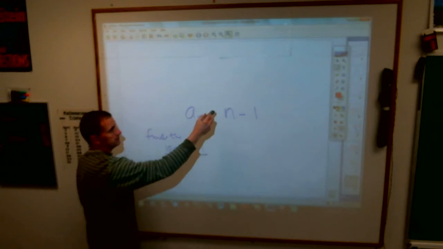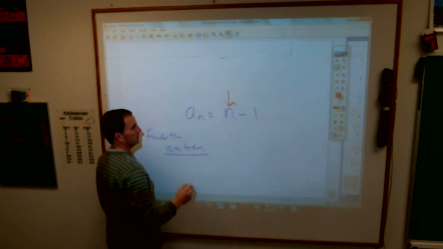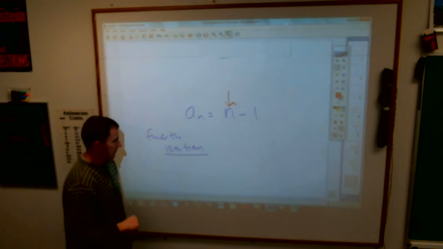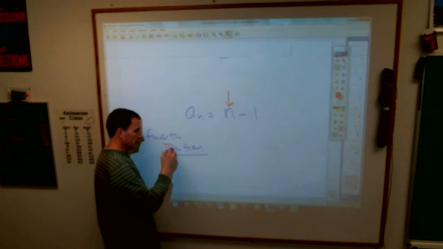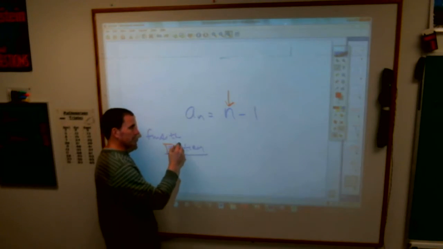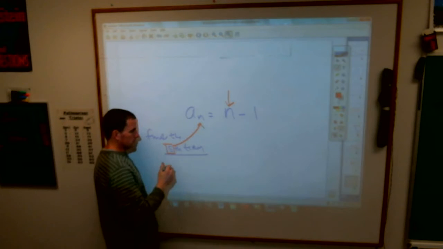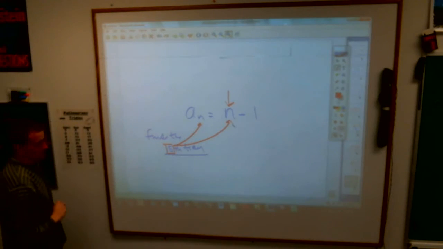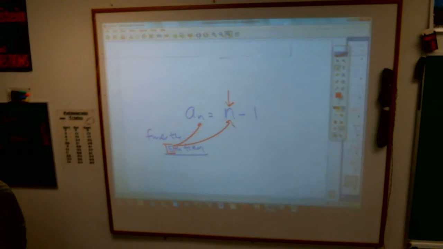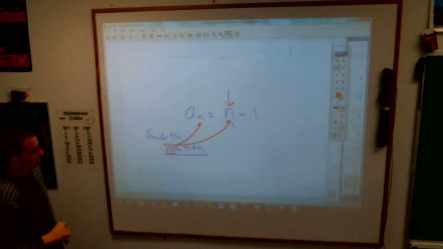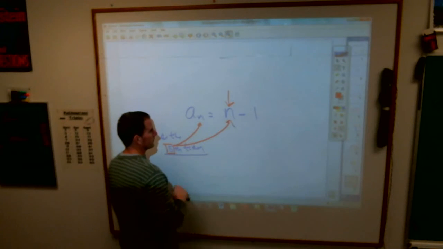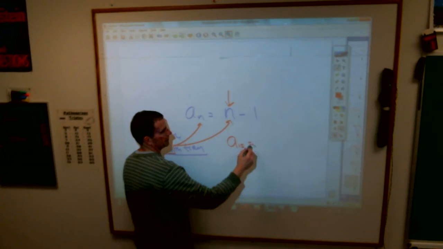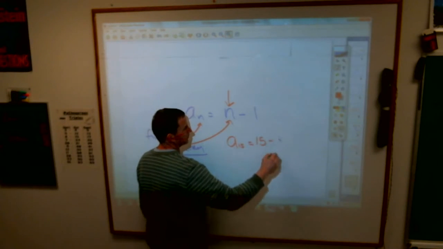What's the letter N? Bring me back to your notes. N is the number of the term you want. What is the number of the term I want? So I put 15 any place I see an N. So the 15th term is 15 minus 1.